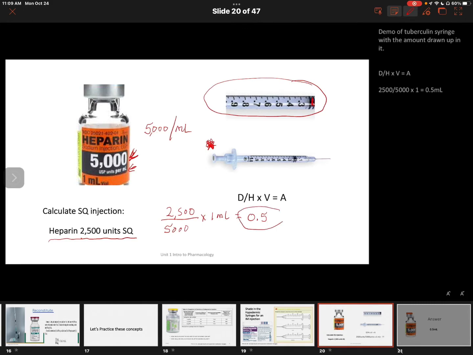If we needed to give 0.5, as you can see right here, is that 0.5. So we would draw everything up until that point in this syringe. This entire syringe holds 1 milliliter of fluid. We're giving 0.5 milliliters of fluid, which is half of that syringe.